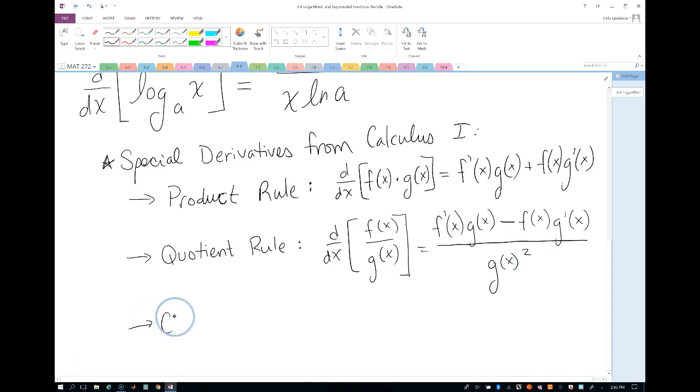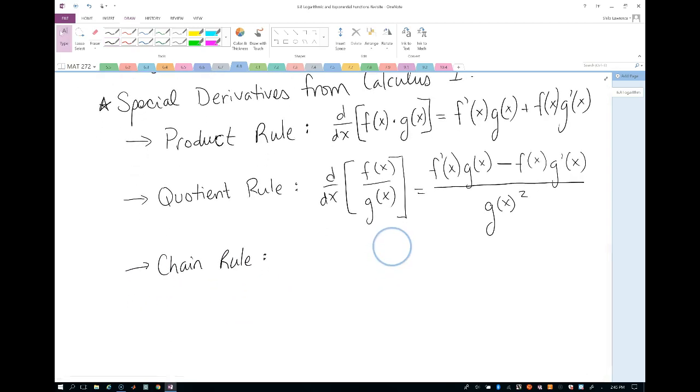Finally, our chain rule from Calculus 1 tells us how to take derivatives when we have a composite function. So this is when one function is plugged into another function. So you start first with the derivative of the outside function, but you leave the inside alone.